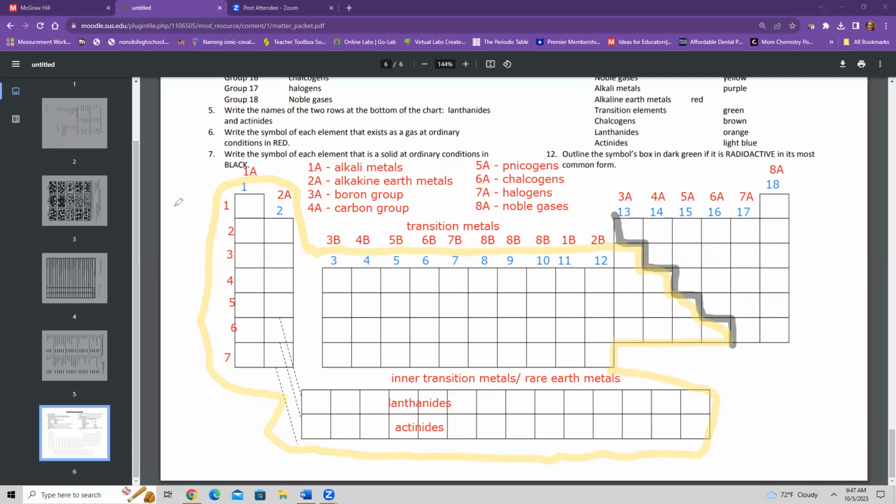Except for hydrogen. Hydrogen's not a metal, but it's tricky to put it over there, so I'm just going to leave it as not a metal.